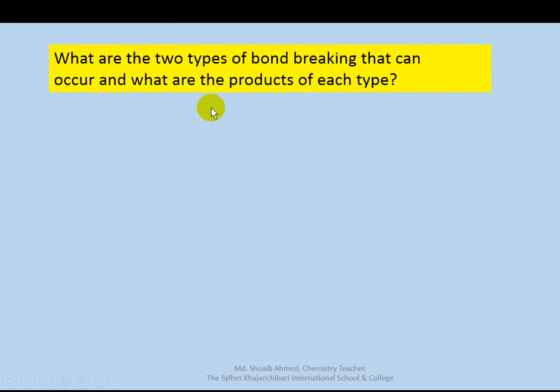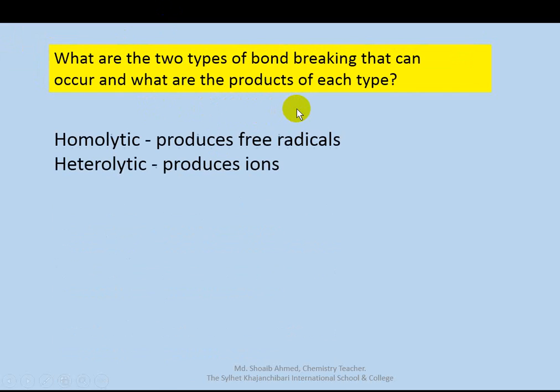What are two types of bond breaking that can occur, and what are the products of each? The two types of bond breaking are homolytic and heterolytic. Homolytic produces free radicals, and heterolytic produces ions: cations and anions.